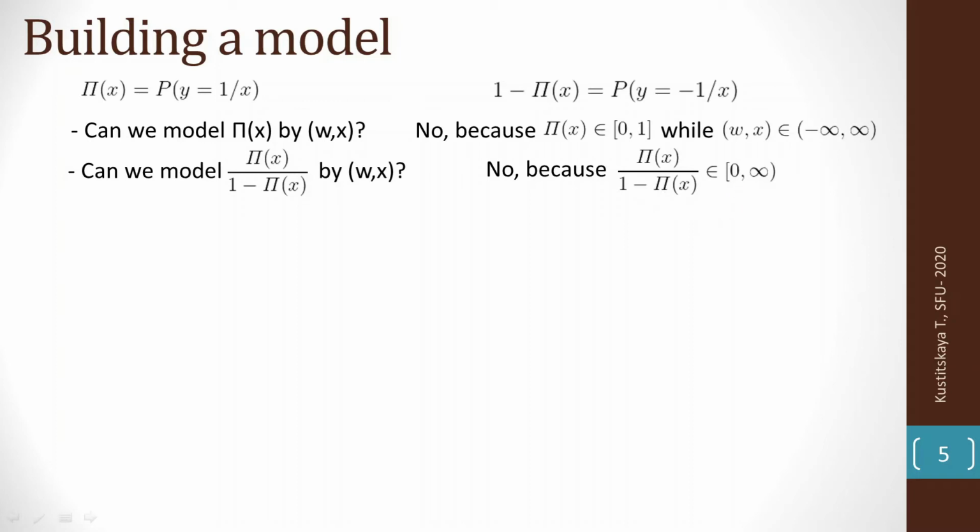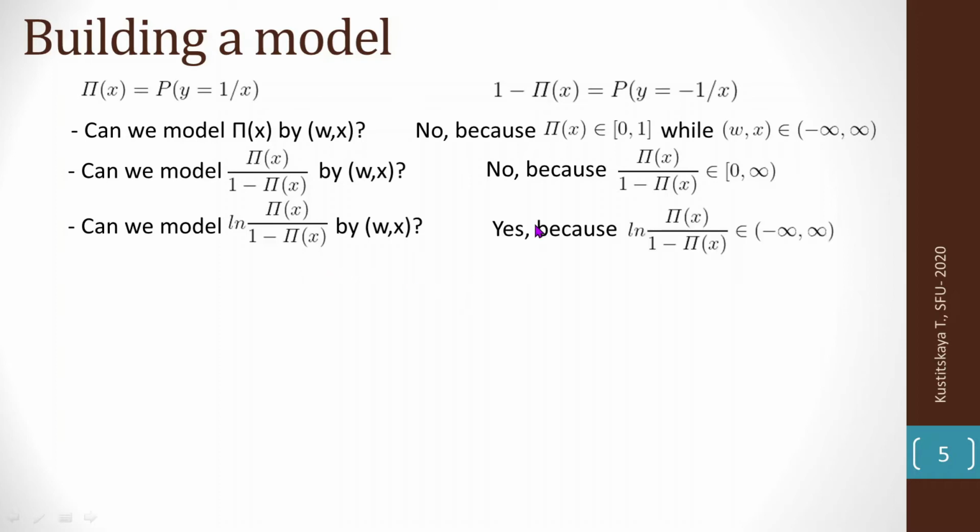We should widen this interval, and the simplest way to widen is to use the logarithmic transformation. Maybe we can model a logarithm of this fraction by w dot x. Yes, because this expression lies in the interval minus infinity, infinity.